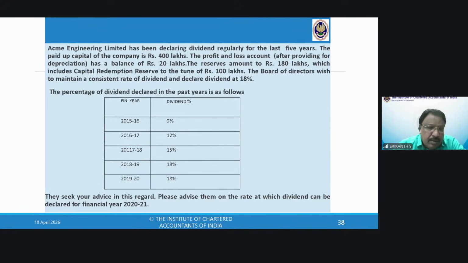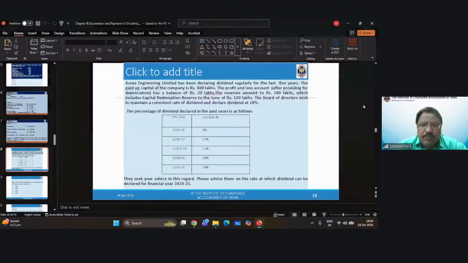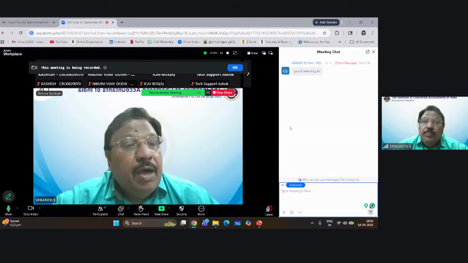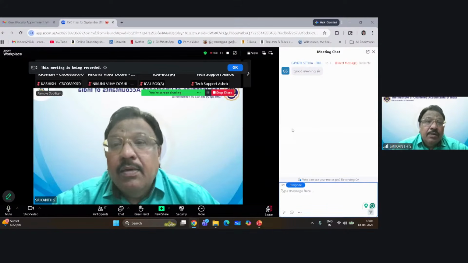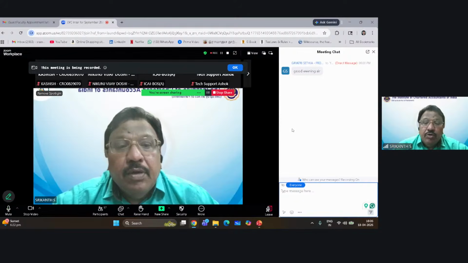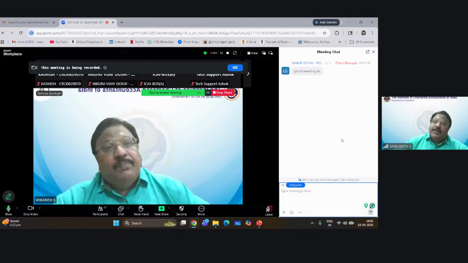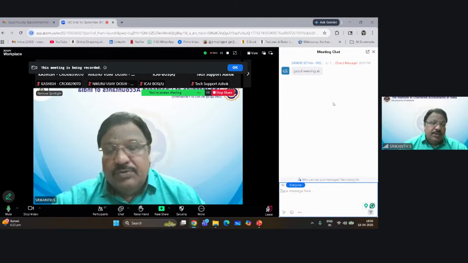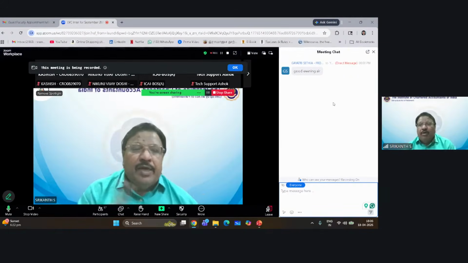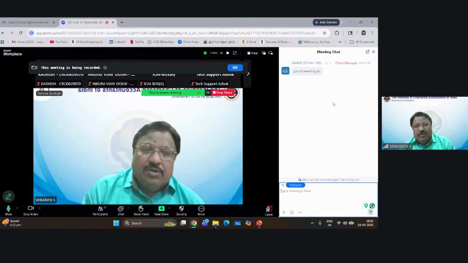Let us see. Even if one person can give an answer, you have to apply not just one condition, you have to apply three conditions. The second condition is that the amount of dividend should not exceed 10% of paid up capital and free reserves and should first be applied to write off or adjust current year's losses.